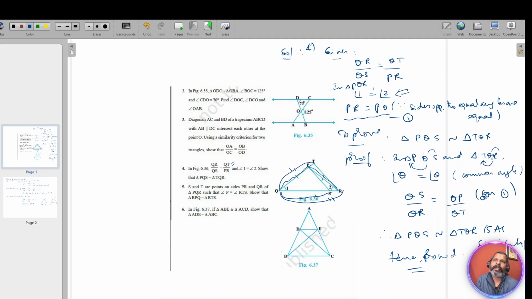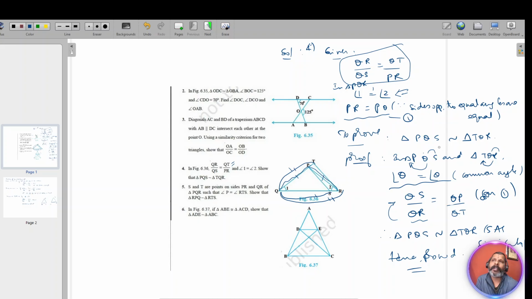In PQS and TQR, if they're supposed to be similar, one angle is already common, so we can say that is equal. The actual sides should come from the given part. QR is just reversed because I took the first triangle PQS, so that triangle's parts will be in the numerator. So QS by QR, it's already the first part.